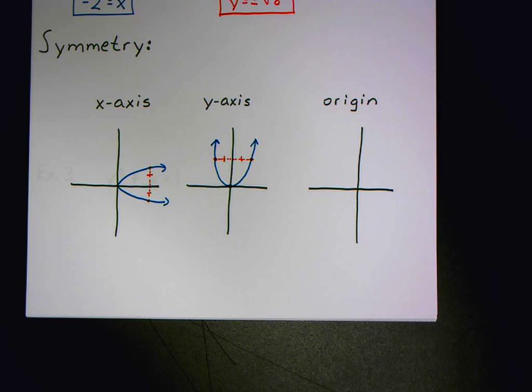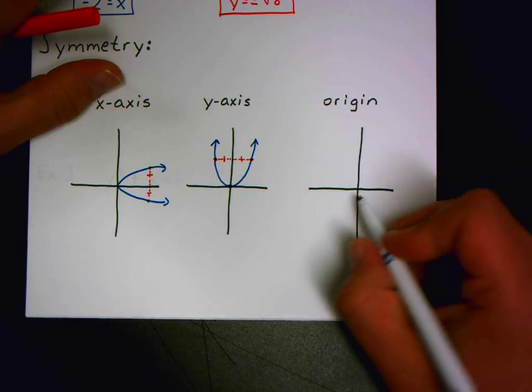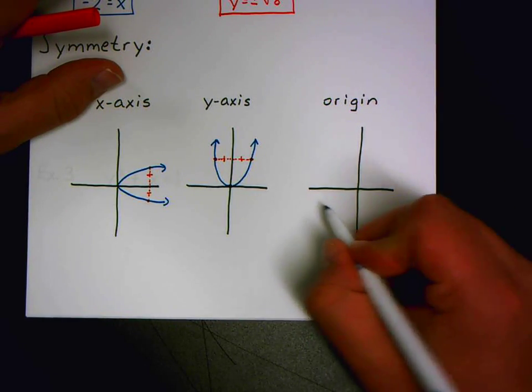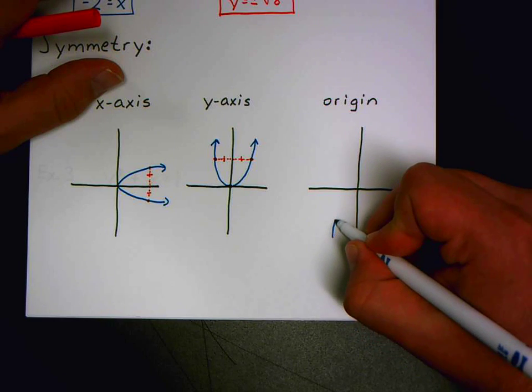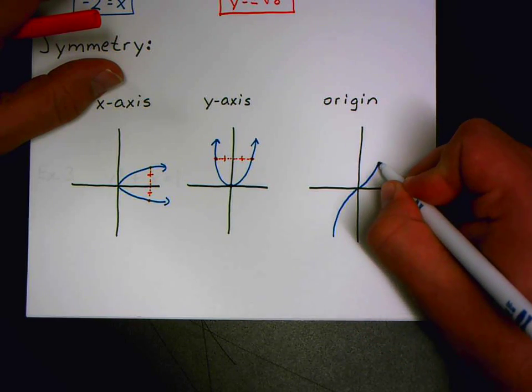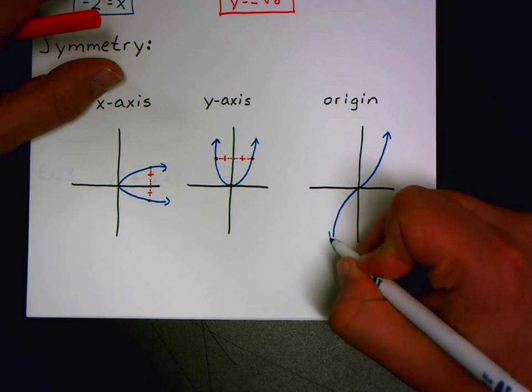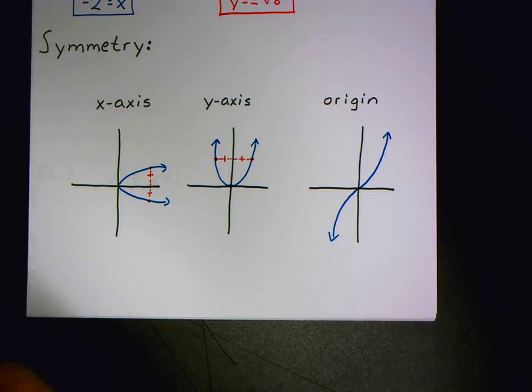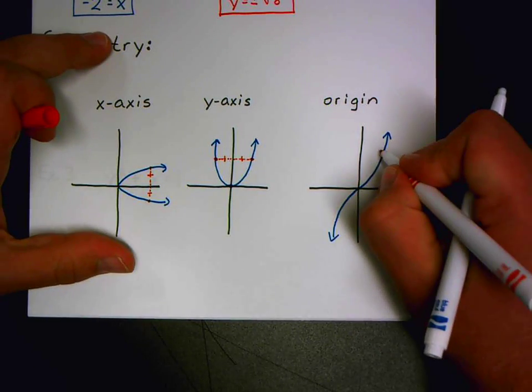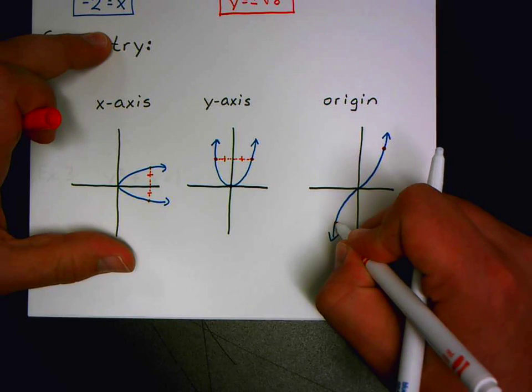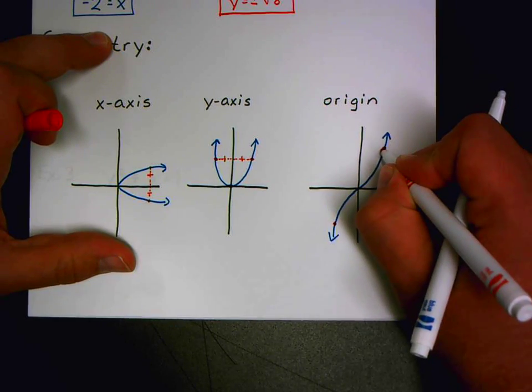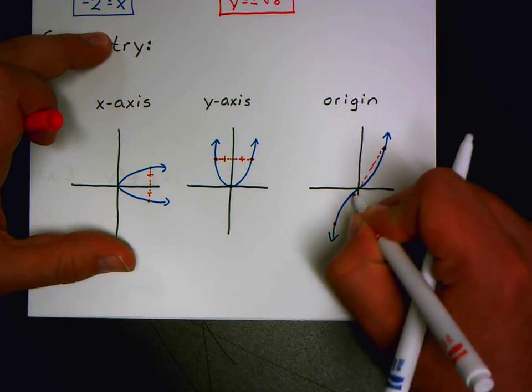Okay, symmetric across the origin is a little bit weirder. There's an example. If I take any point here, then the distance to the origin is the same.